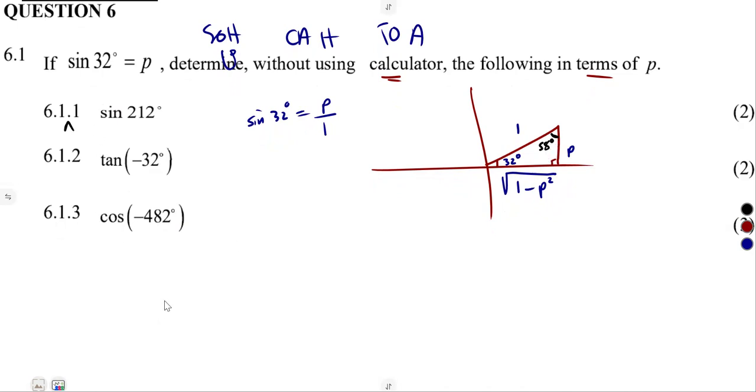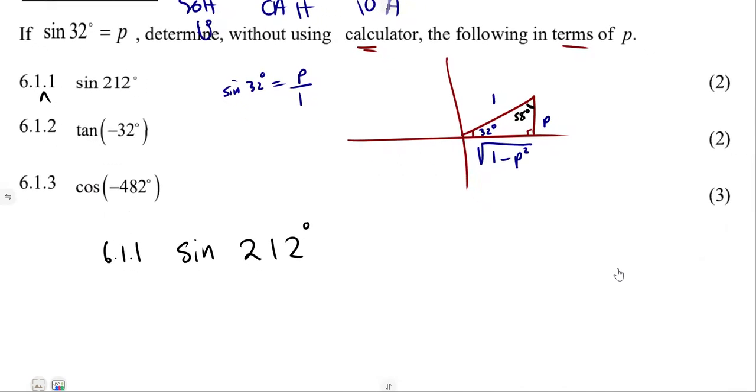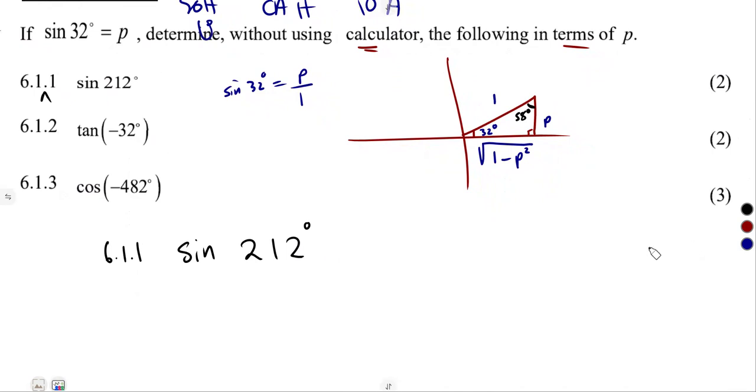6.1.1. Let's see what we are given. That was the sine of 212 degrees. All right, so 212 is not an acute angle. It needs to be reduced. Can we work with the reduction concept? We test, guys, we test. 212 lies in the third quadrant, so this is the quadrant of 180 degrees plus theta.